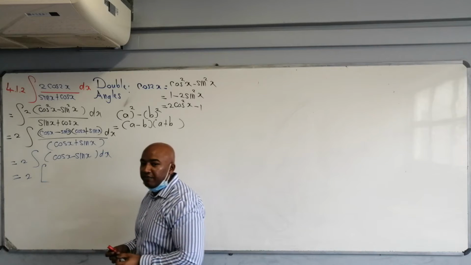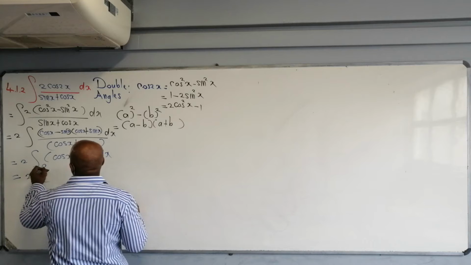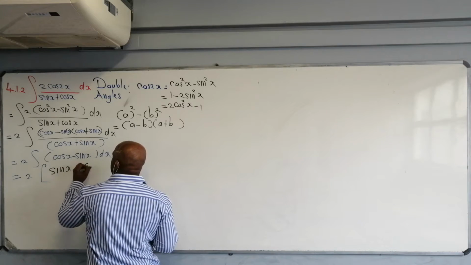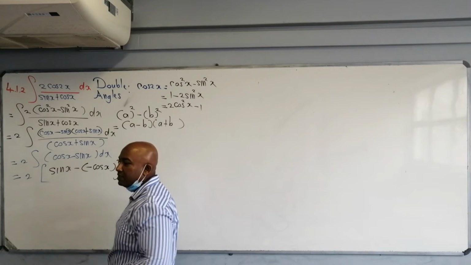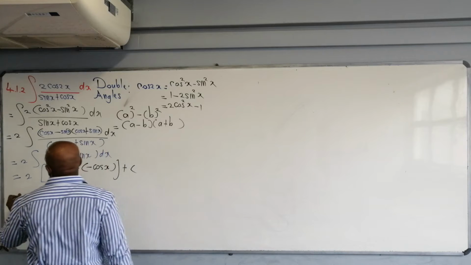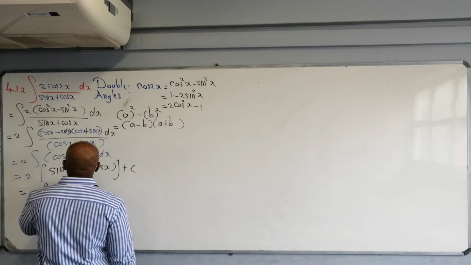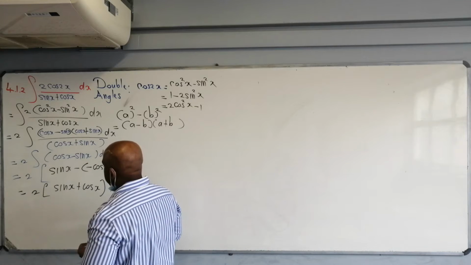And then straightforward standard formulas, integrate cos, that will be sine, integrate sine, that will be minus cos, plus c. We're done. So that will be sine x plus cos x plus c.